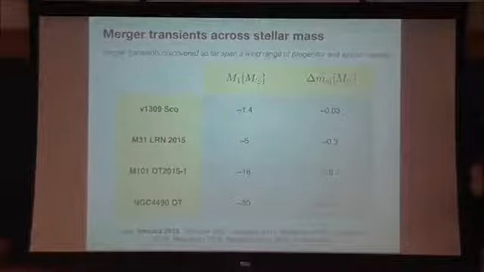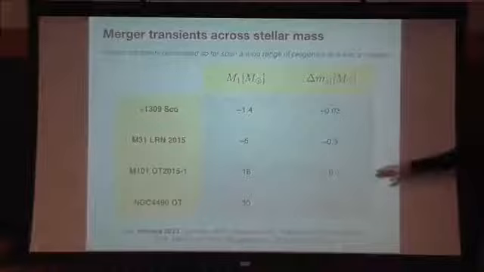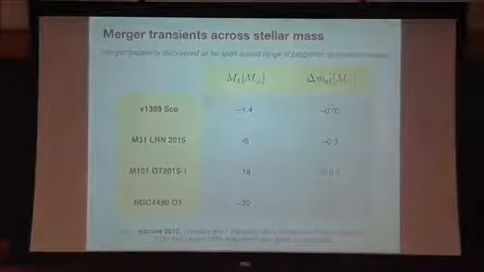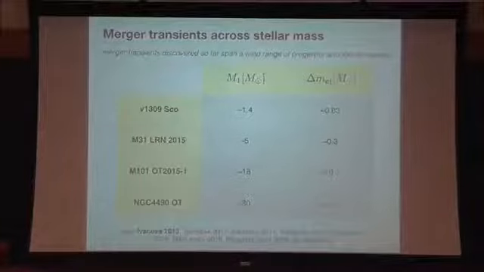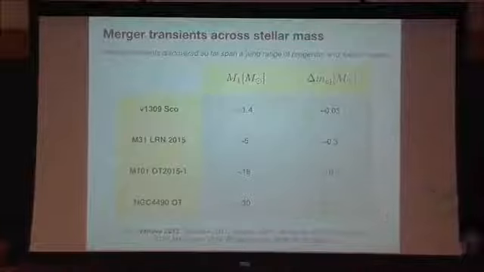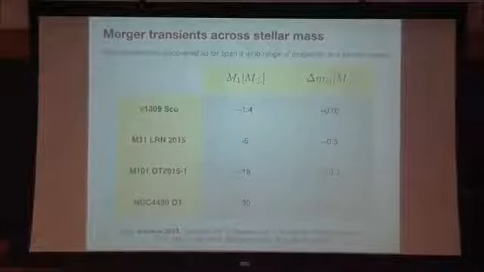And if we try to infer the ejecta mass, I'd say there's much bigger uncertainty in this column than in this column. But we also get a range of values from a few hundredths of a solar mass, and this was a galactic transient, and then all these are extragalactic transients of increasing luminosity in this direction.